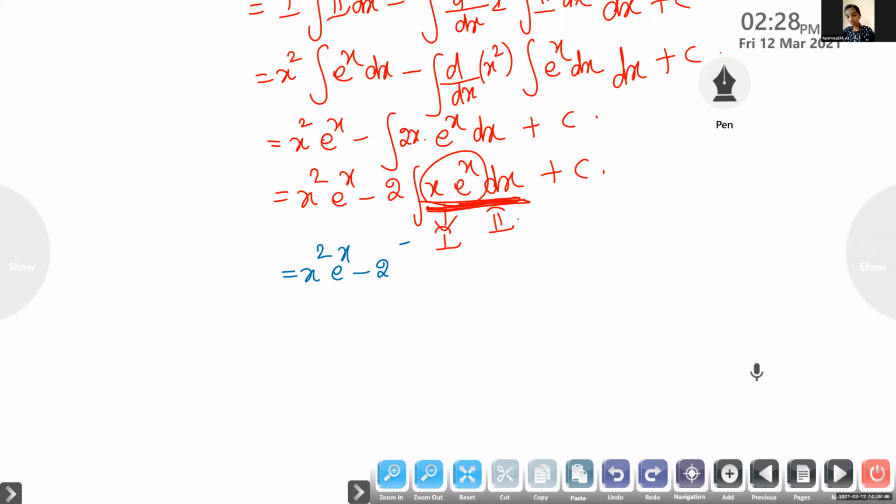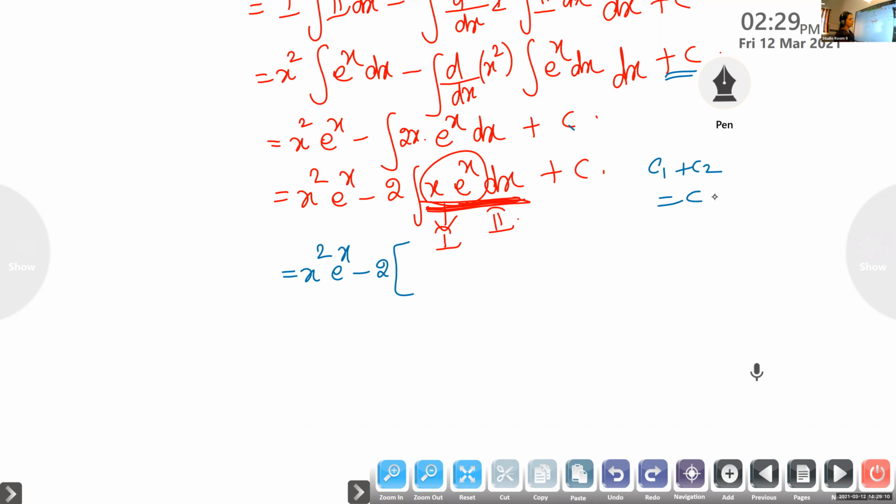Yes, ma'am. Yes. e raised to x square into e raised to x plus c is not there. x square plus c is there when we find the integral of e raised to x dx, the first one. That c is a constant. When we add two constants, we can write only one constant at the end. C1 is a constant, C2 is a constant.